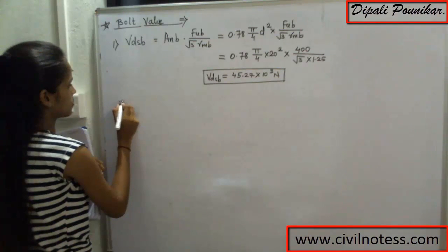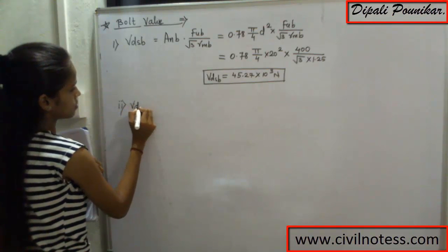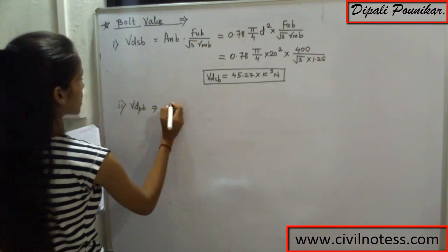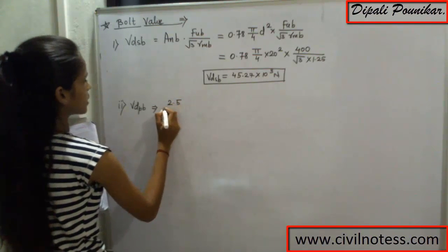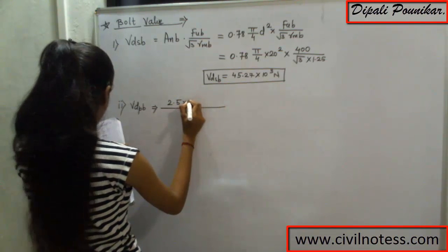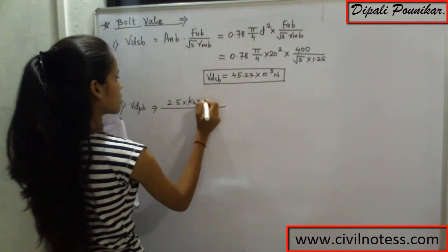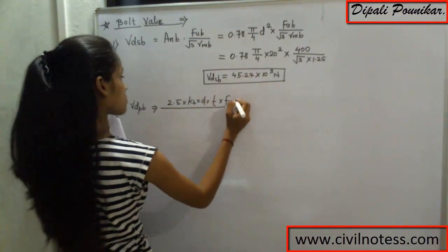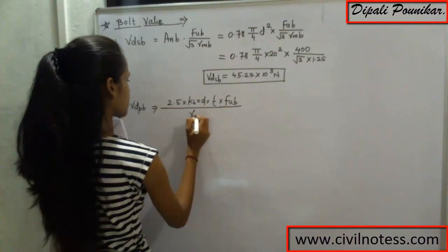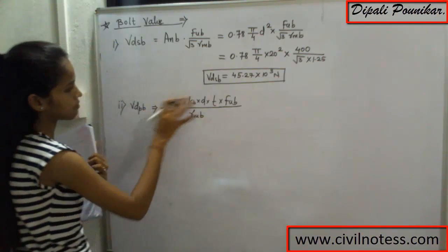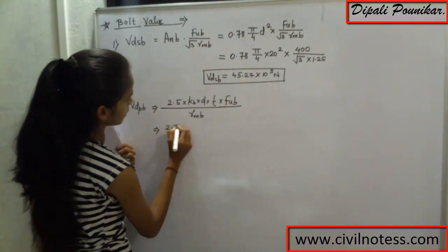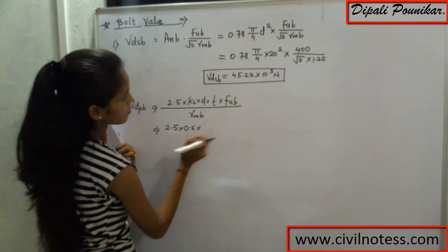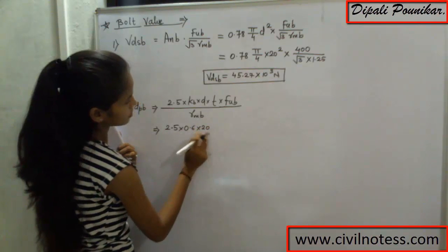Second, that is Vdpb, the design bearing strength of bolt. The formula for Vdpb is 2.5 kb d t fub upon gamma mb. After putting the values of the known components, we get 2.5, kb is the smaller value of the 4 values, that is 0.6, and d is the diameter, that is 20.